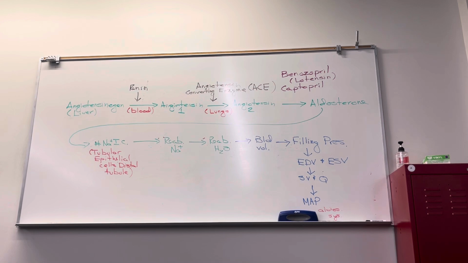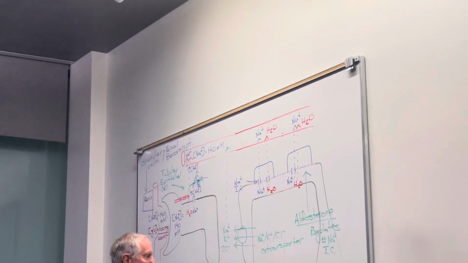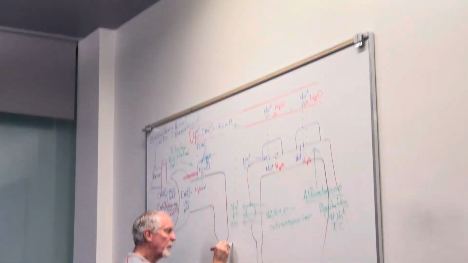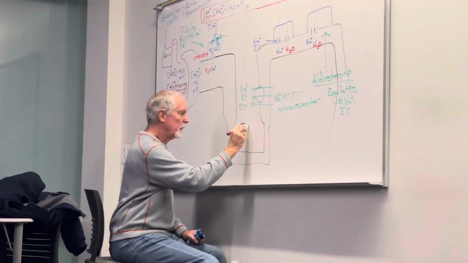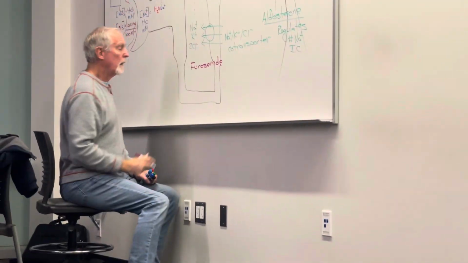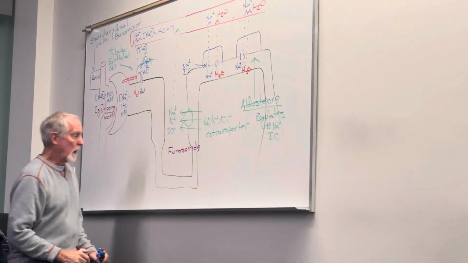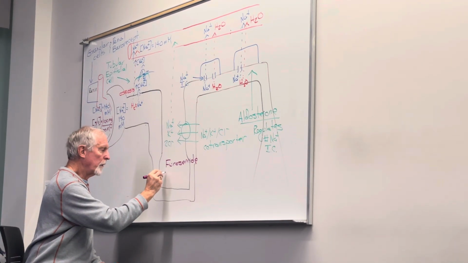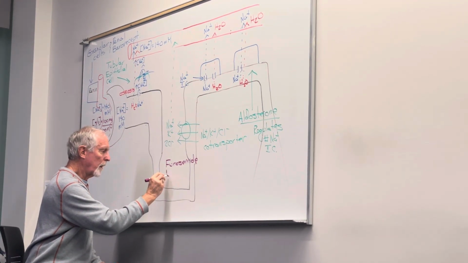All right, there's another fantastic class of drugs that come along and inhibit the sodium potassium chloride cotransporter. And here's one of these, furosemide. And there's another type that's very, very commonly prescribed, known as Lasix.